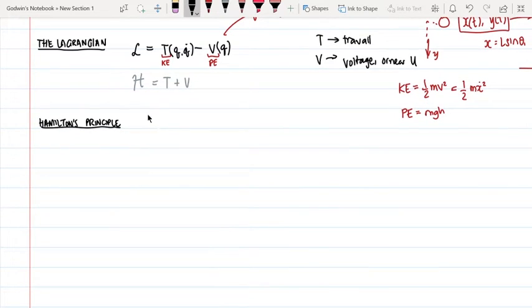In order to prove that indeed the Lagrangian T minus V is one of the solutions for Hamilton's principle, we're going to use that as a substitution. So we'll call this equation 1, and Hamilton's principle I'm going to call equation 2.